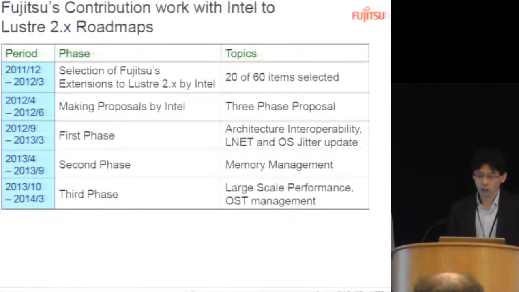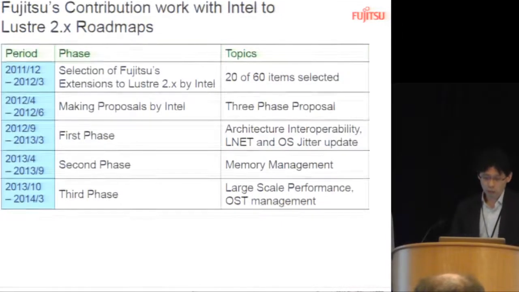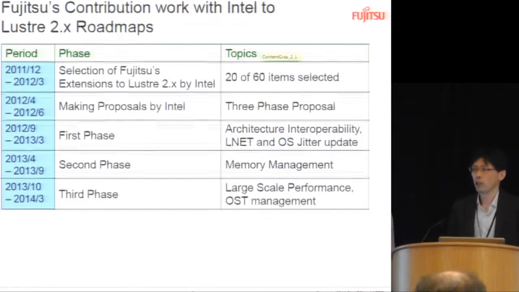We discussed that there were 60 extensions. However, for making a policy, it is important that modifications to basic Lustre be adapted in an earlier phase.